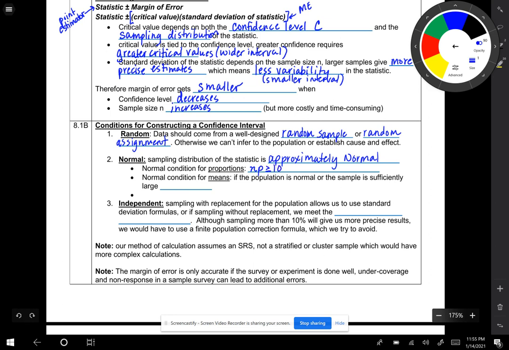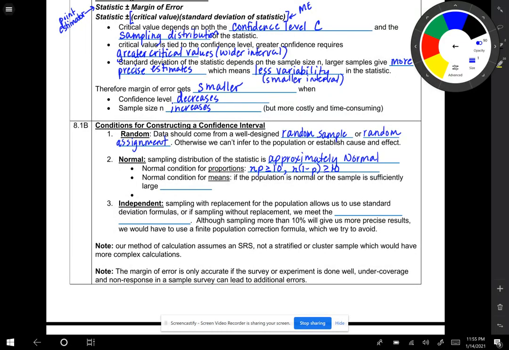That n times p is known as your successes. So the successes have to be greater than or equal to 10, and the failures, n times 1 minus p, also have to be greater than or equal to 10. And that only deals with the normal condition for proportions.